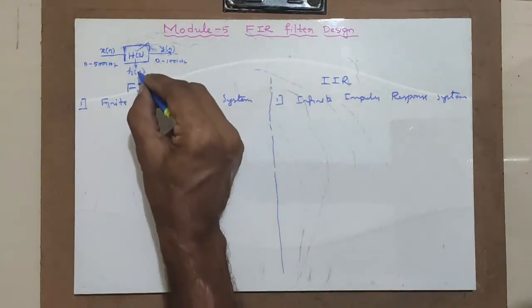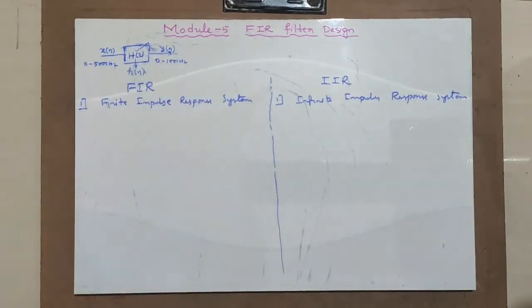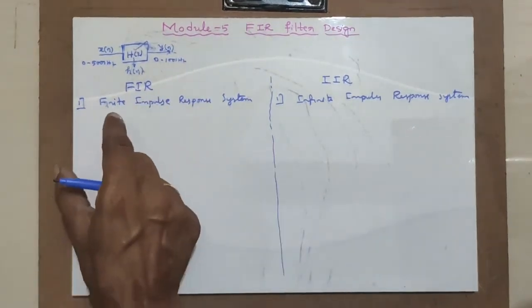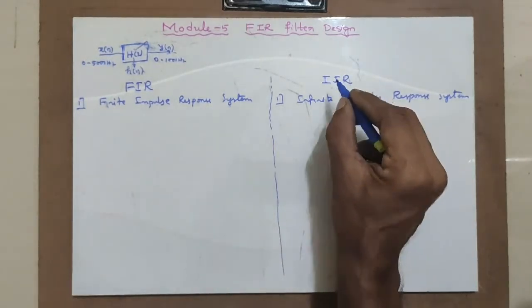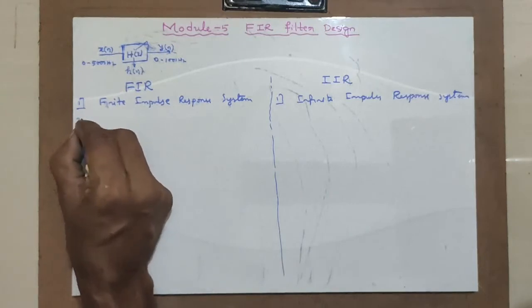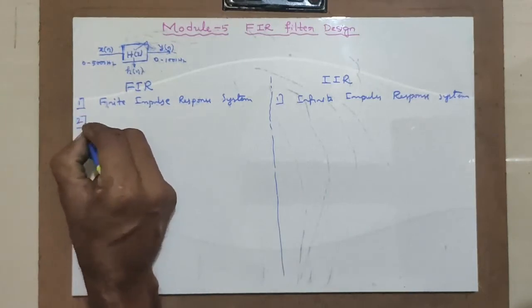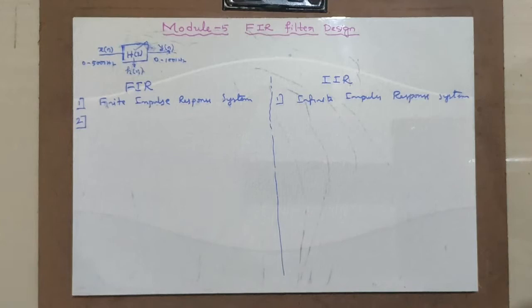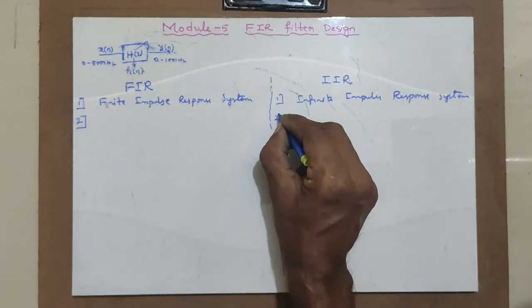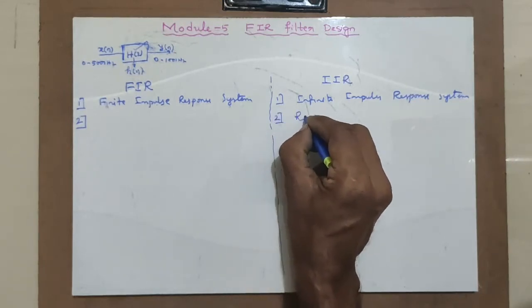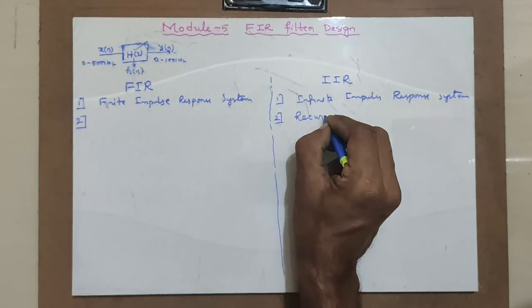H of n is limited, or of finite duration, in case of FIR. It is of infinite duration for an IIR system. Second, an FIR system can be recursive or non-recursive, whereas an IIR system is always recursive.